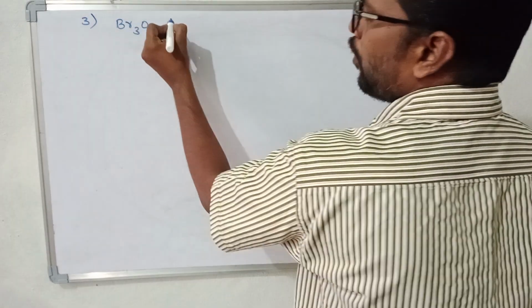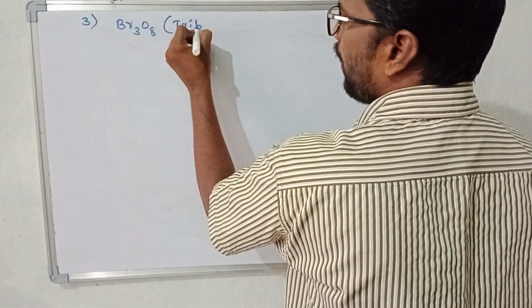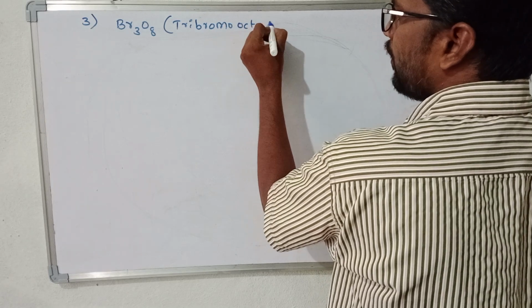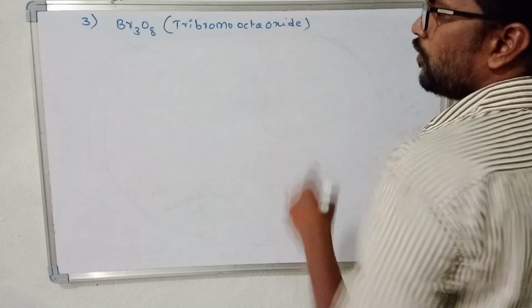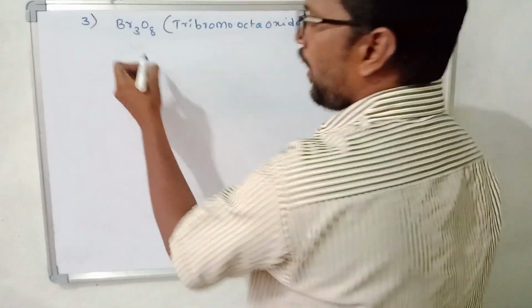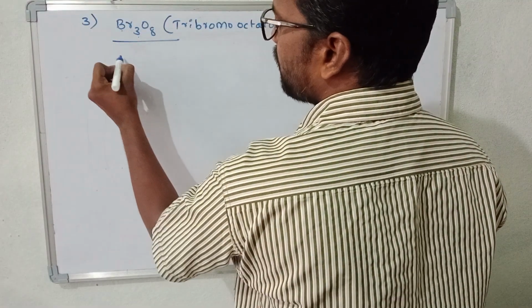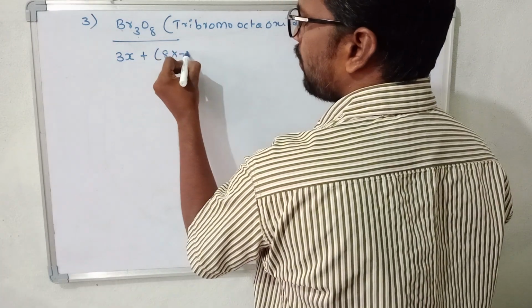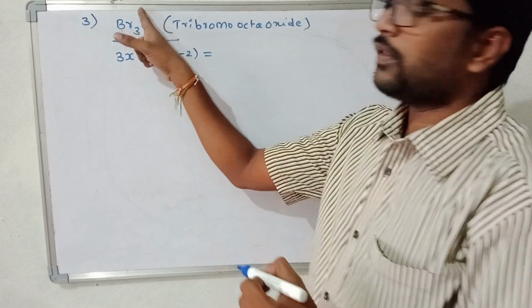Br3O8. Bromine is present 3 times, so we write tribromo. Oxygen is present 8 times, octa, and it is an oxide. So it is tribromo octa oxide. If you write the average oxidation state, bromine is present 3 times, 3x. Oxygen is present 8 times, 8 into -2, equal to 0, because there is no charge.